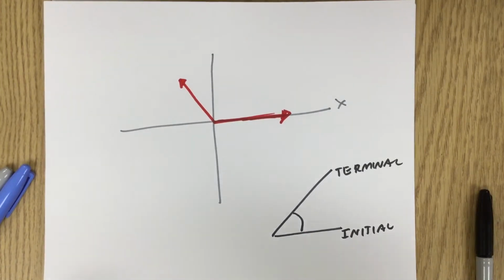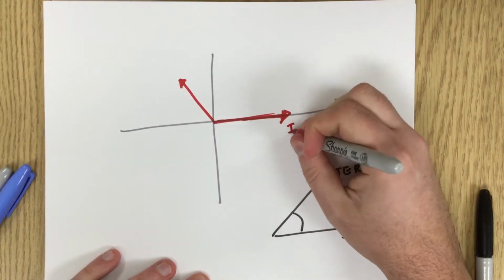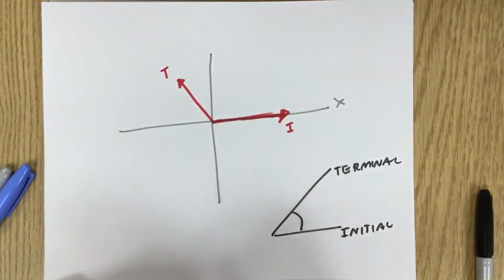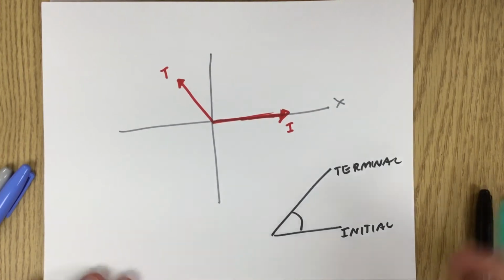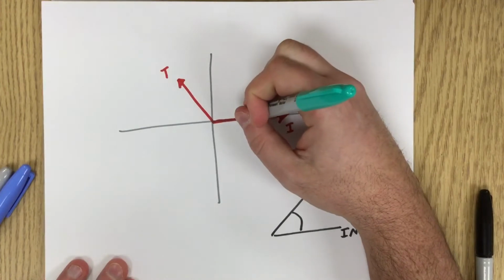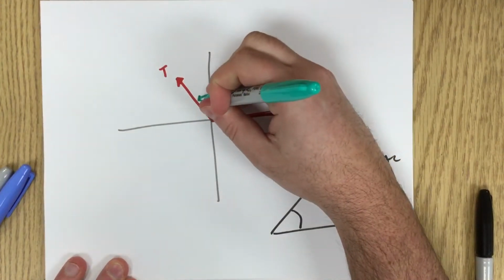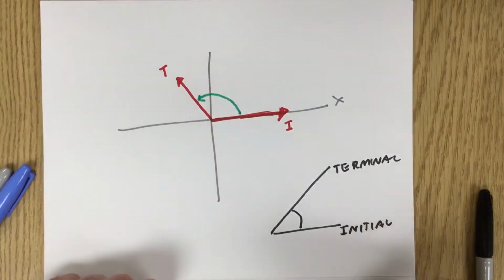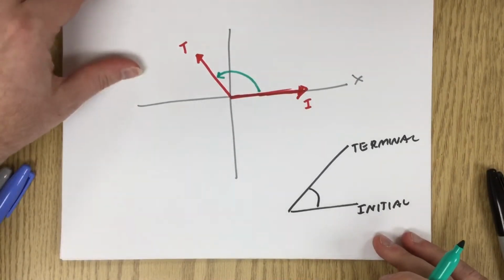This is the initial arm. This is the terminal arm. And then the angle goes counterclockwise, so think of a clock going the other way, starting at the initial arm and going to the terminal arm. And that's how we draw an angle in standard position.